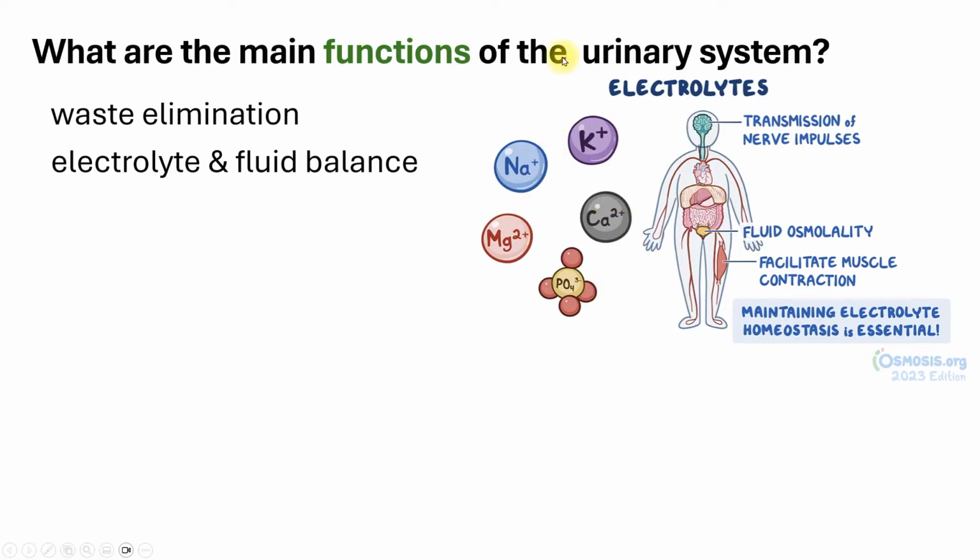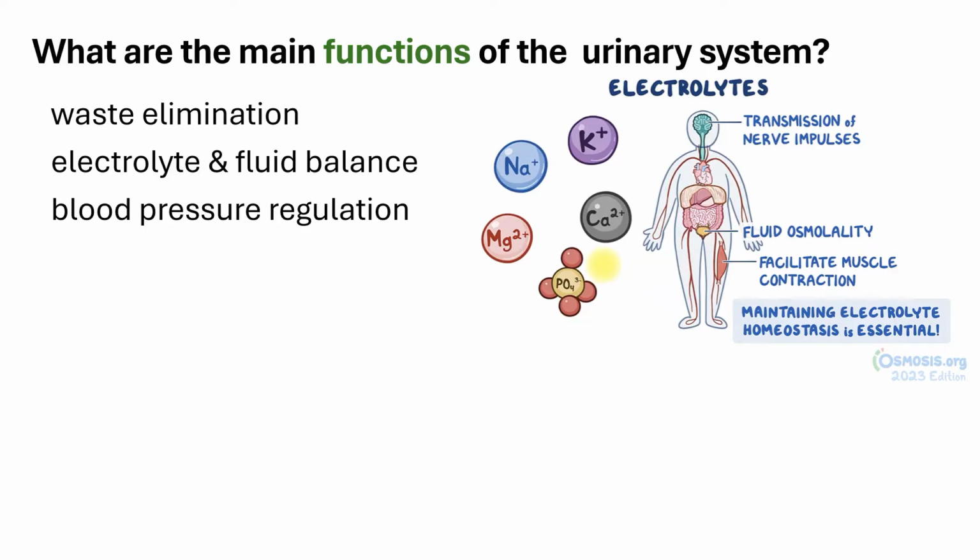And this type of molecules is important because they allow the proper functioning of the other systems, especially the propagation of action potentials in the nervous system, in the neurons, as well as the contraction of muscle fibers. Again, maintenance of these electrolytes is very important.